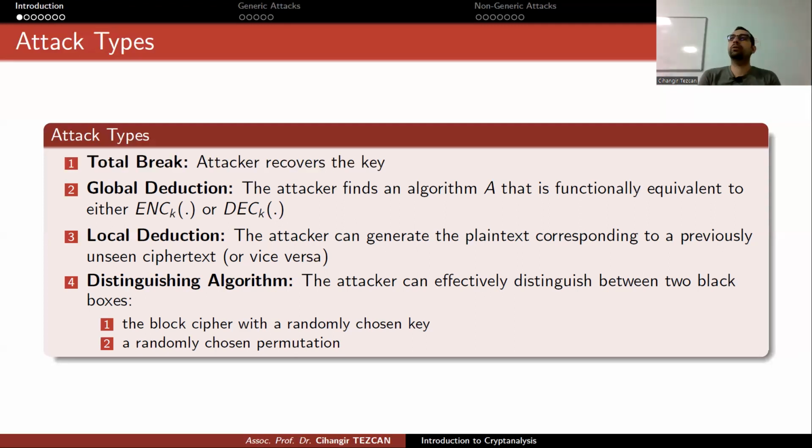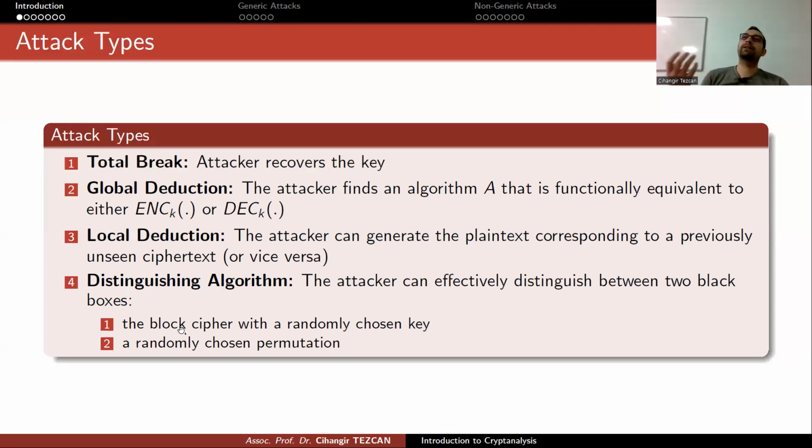If you can do this, this means that you can distinguish that cipher from random noise. And if you can do this, you can actually also capture the secret key. In all of our attacks, our aim will be to find a distinguishing algorithm, but not for the whole block cipher, but a reduced round version of it. For instance, AES is a 10-round block cipher.